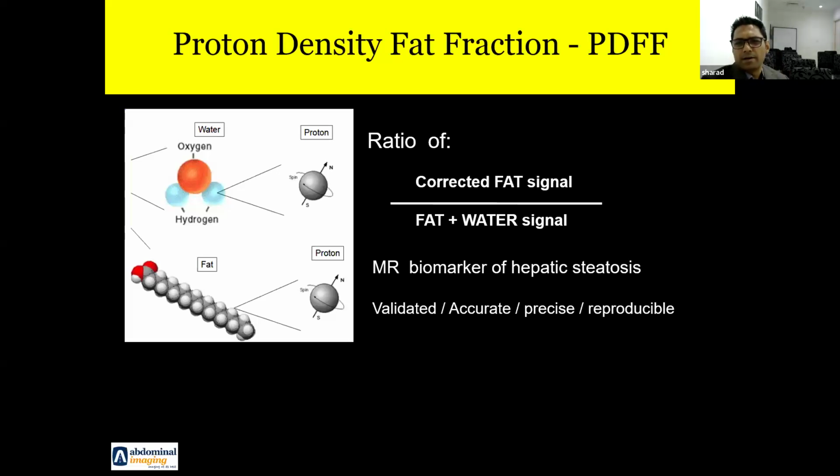So it is an MR biomarker of hepatic steatosis, and it is quite accurate. It is validated in multiple studies. It gives you precise numbers, and it is reproducible. So you can do that patient multiple times, and you can rely on the values. Of course, there are some technical aspects which you have to take care of.